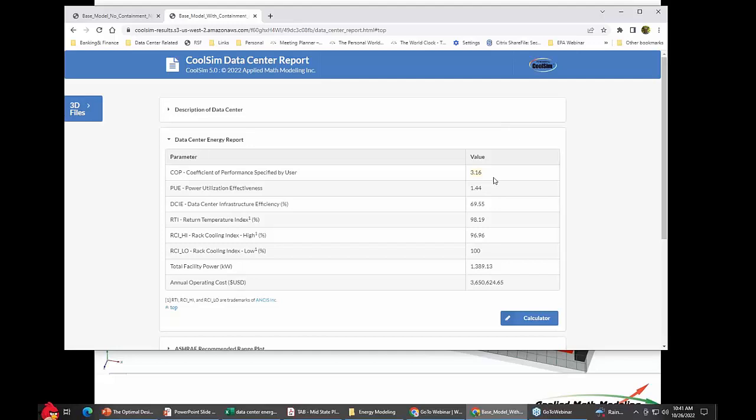The environment is different for each data center in terms of where it's located. Is there an economizer involved? If so, how's it set up? So this can go down a rabbit hole of complexity for determining what this number is. And that wasn't my intent today. My intent today was to show you methodology related to data center design optimization and not energy prediction.